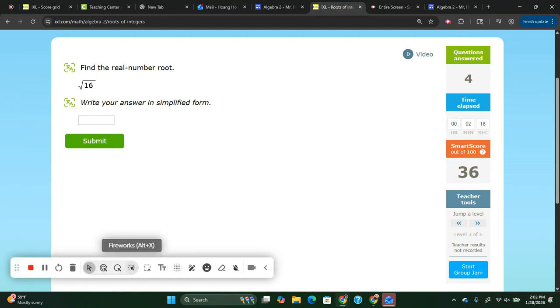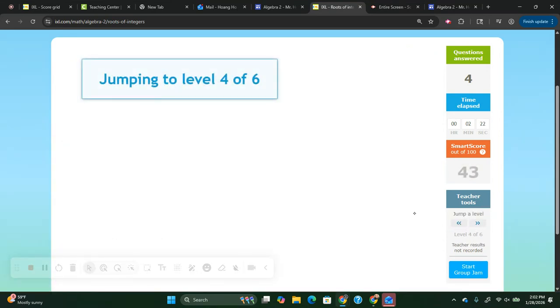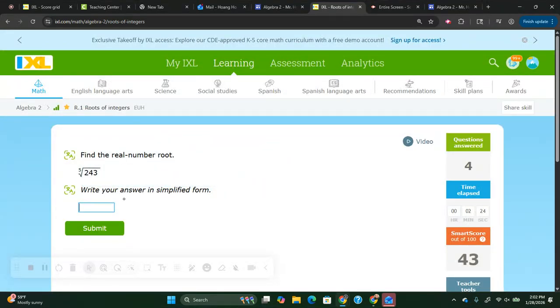So let's go to level 4. Fifth root of 243. So here we go. If you punch it in your calculator, you can see the answer is 3.